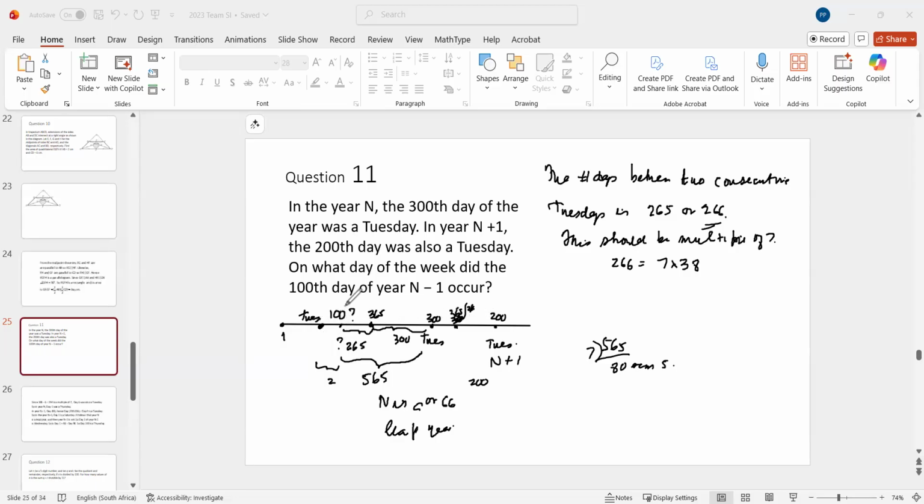So 2 days before the unknown date is a Tuesday, right? So therefore, the 100th day of the year N minus 1 is 2 days after a Tuesday. Then the next day will be Wednesday, then Thursday.